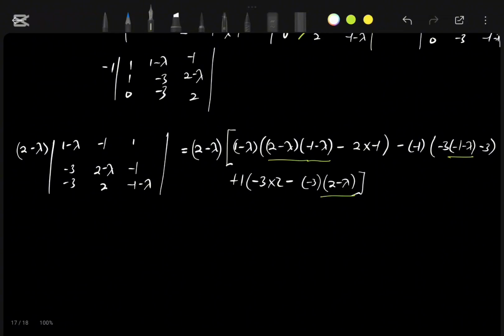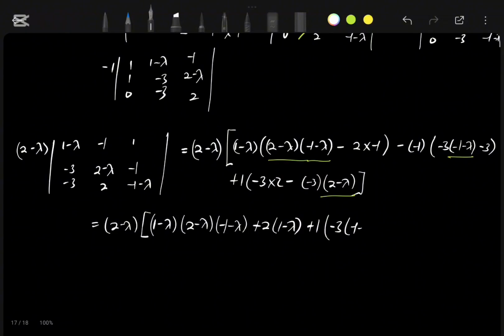So we have the expression 2 minus lambda, big bracket, we have 1 minus lambda, 2 minus lambda, minus 1 minus lambda, then minus, it gives us plus 2, so we have plus 2 into brackets 1 minus lambda, and we have plus 1, multiplying the expression minus 3 into brackets minus 1 minus lambda, then we have minus 3.